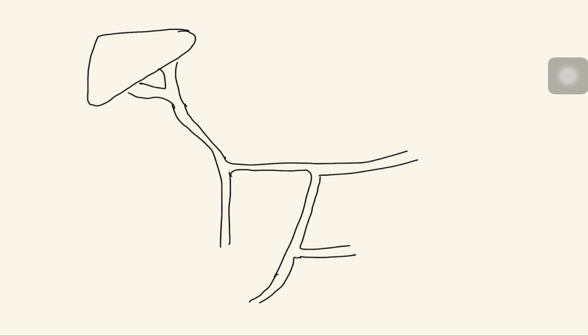So the first one, that is about the esophagus. You have an esophagus over here. So at the lower end of the esophagus, you have certain veins which drain into left gastric vein.